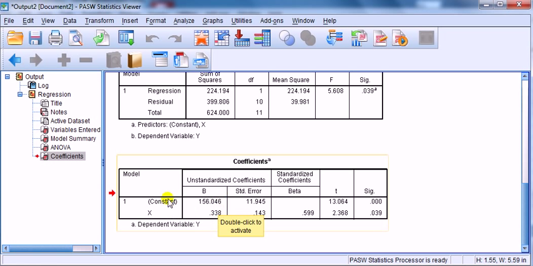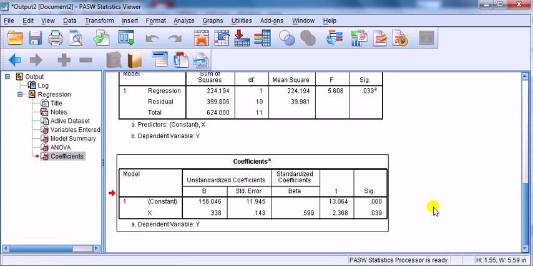Now, how do we know that this model is an acceptable model? Well, the model is acceptable if, two things really, A, the statistical assumptions for regression are satisfied.